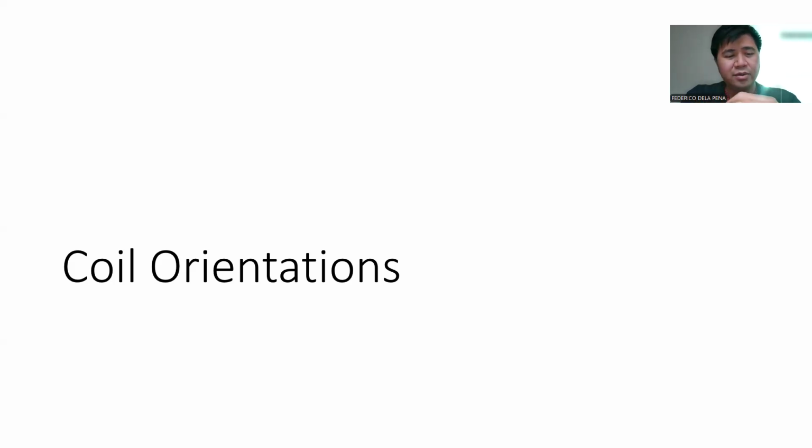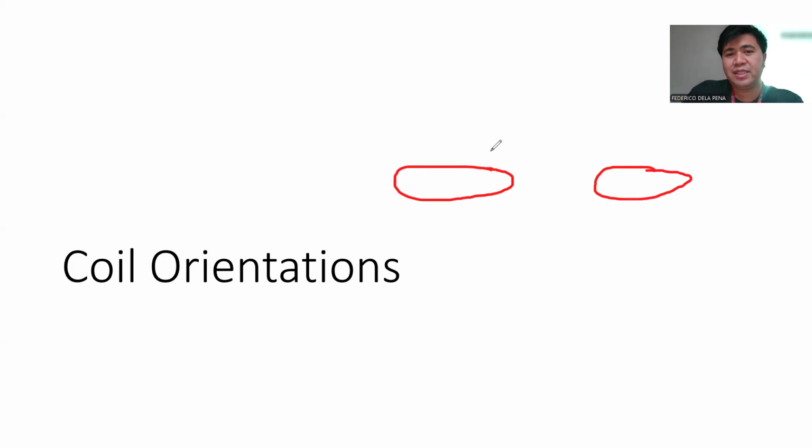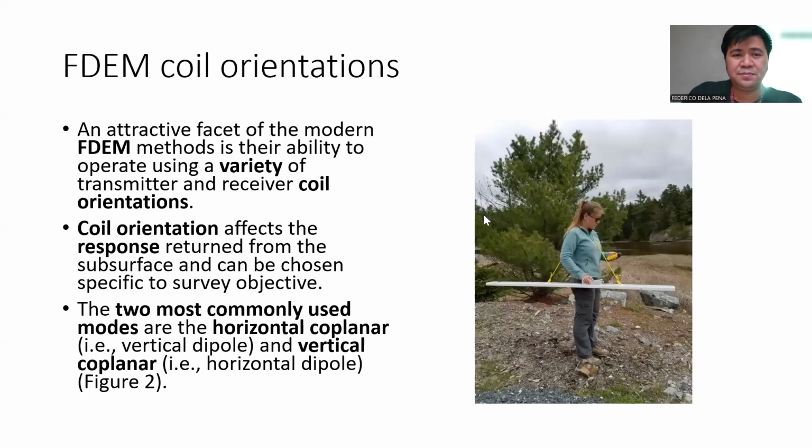All right. Now, EM surveys can also use different orientations of their coil. So again, this is your conceptual setup of your EM survey. You have two coils, and this can be oriented either horizontally or vertically, okay, depending on your survey objectives.